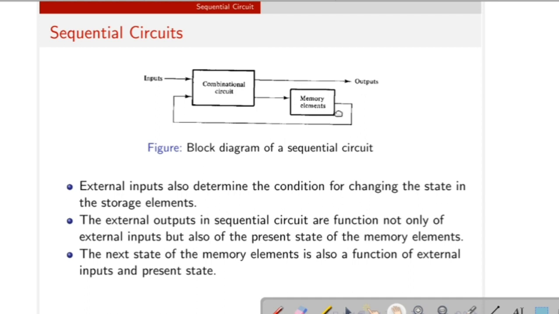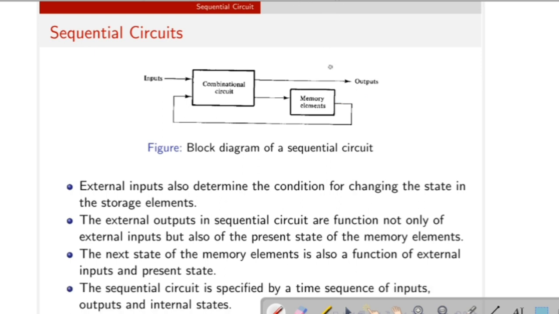Also, the next state of the memory element is produced when you apply the external input and the present state of the memory element. So the next state of the memory element and the external output of the sequential circuit both are functions of the external input and the present state of the memory element.